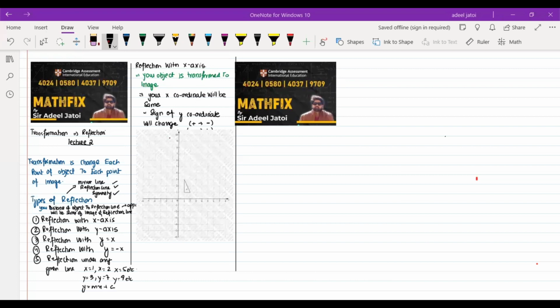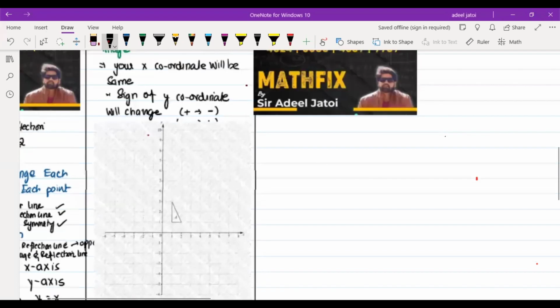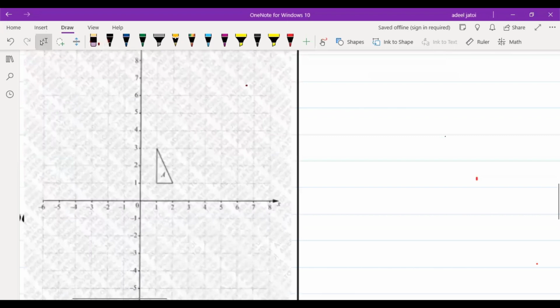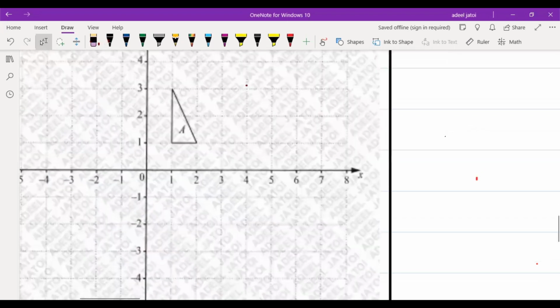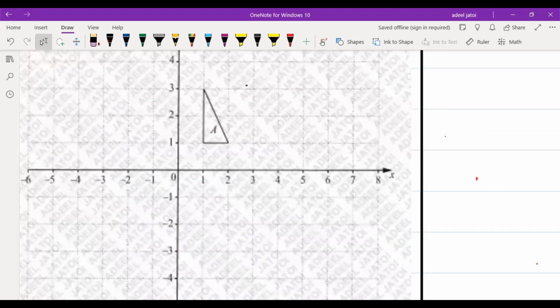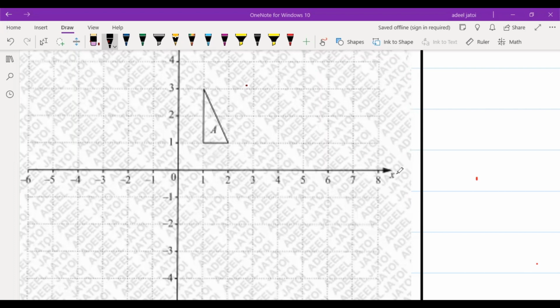So here we have an example question in front of us. Let's say this is your object, and this object is being transformed with respect to the x-axis. The reflection line is your x-axis.